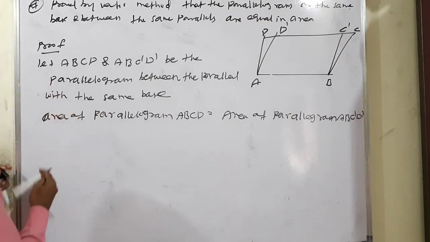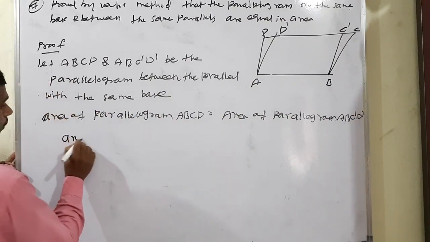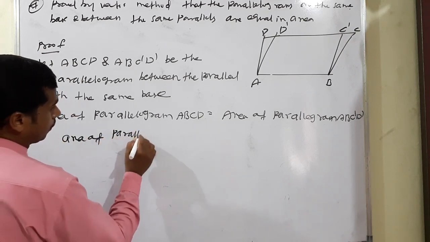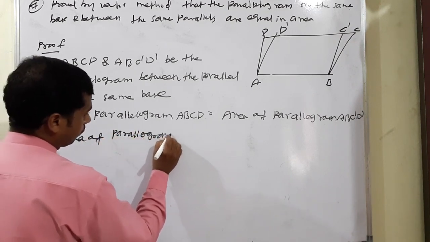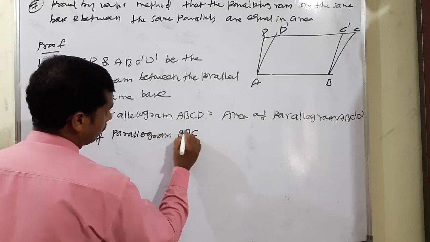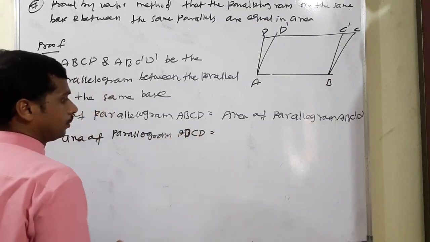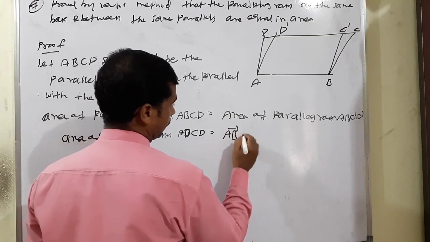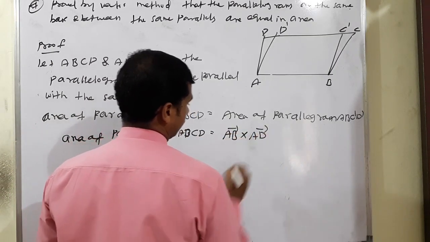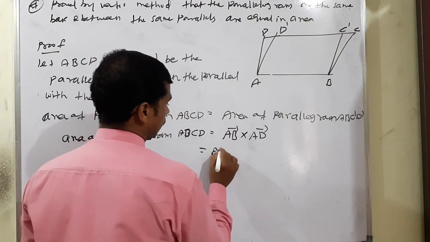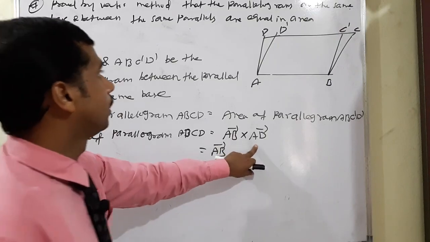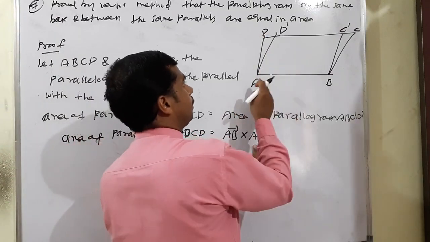The area of parallelogram ABCD is equal to AB vector cross AD, isn't it? Now, what is the meaning of AD?